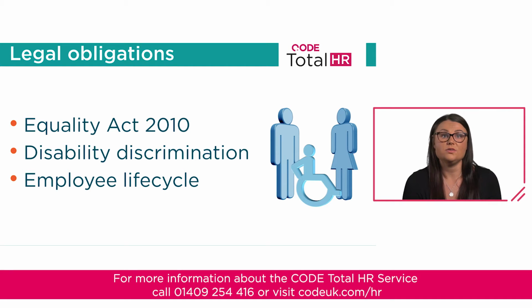Now, equality law recognises that to promote equality for disabled people, we may need to make some adjustments to the structure of our employment. This could be, for example, removing physical barriers or providing additional support for our team members. And these really encompass your reasonable adjustments.